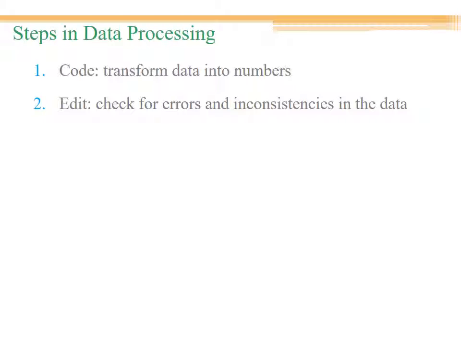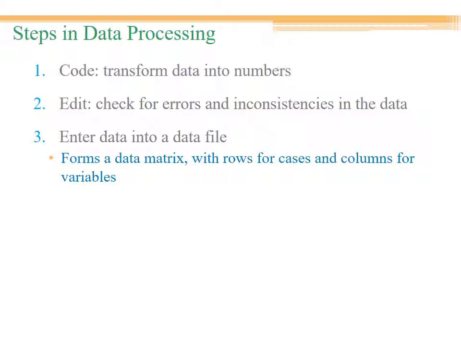Before starting the analysis, there are a number of steps involved to prepare the data. First, researchers need to code the data, which means transforming data into numbers. Then we edit to check for errors and inconsistencies. We enter the data into a data file.